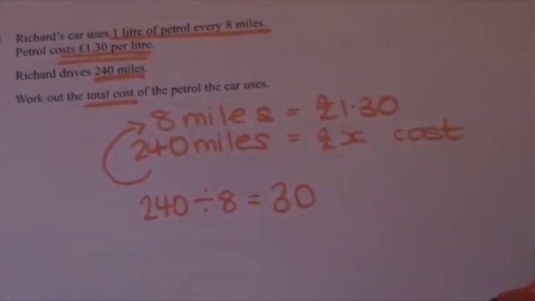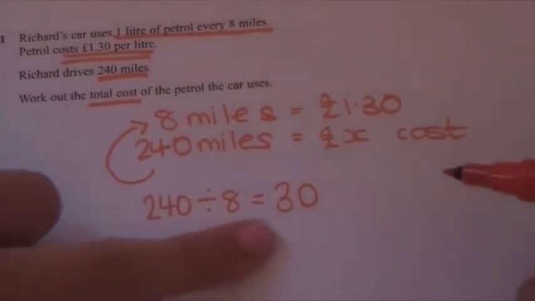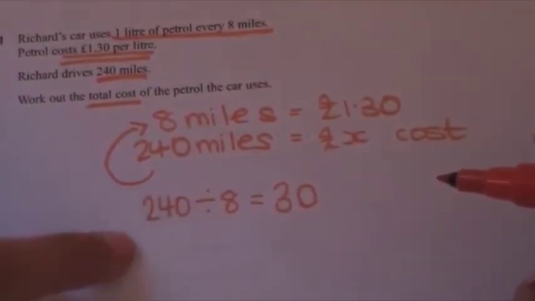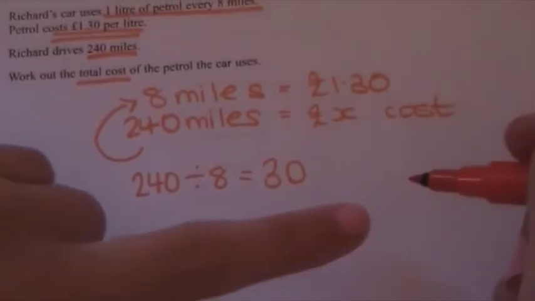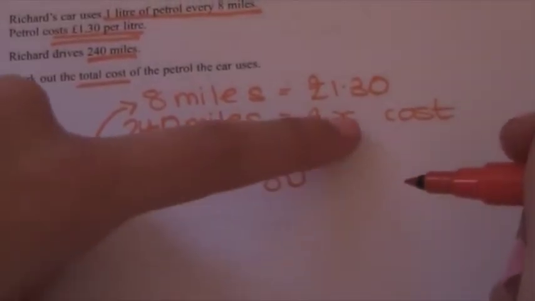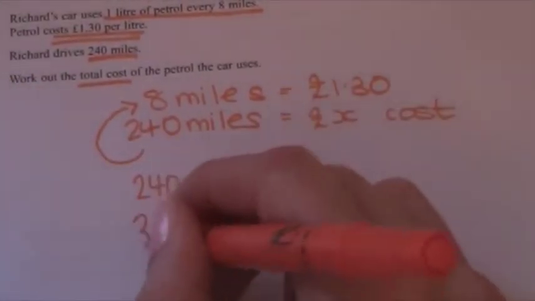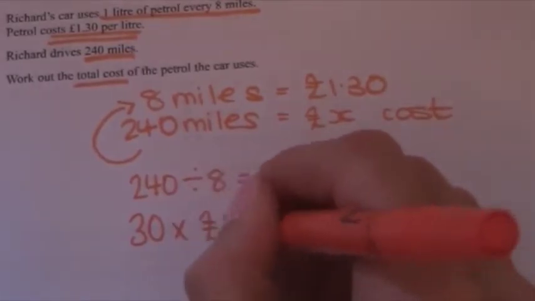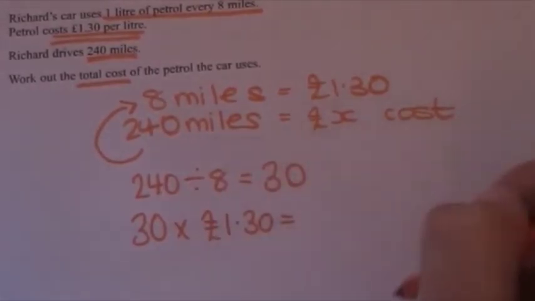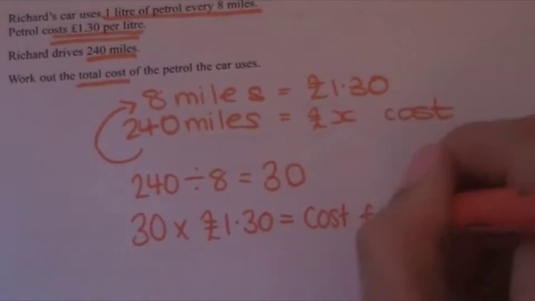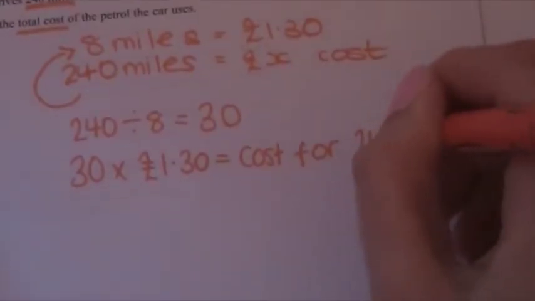Now the reason that we've done this, we have 30 lots of 8 miles in 240, which means we must also have 30 lots of £1.30 to pay. So we can then do 30 times £1.30, and that will give us the cost for 240 miles.